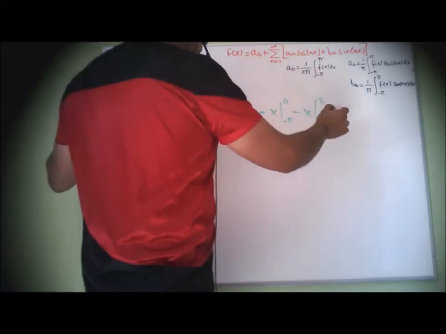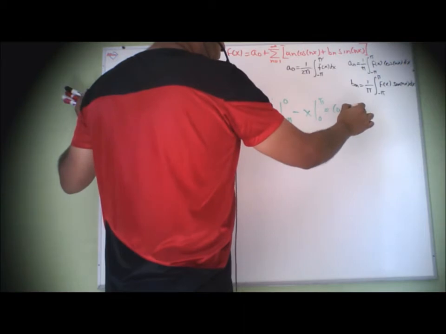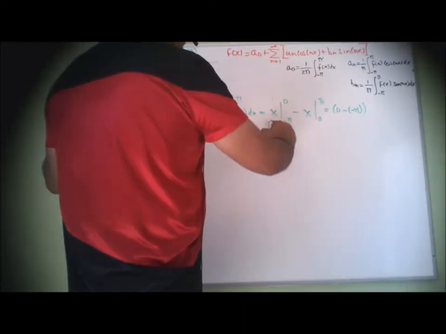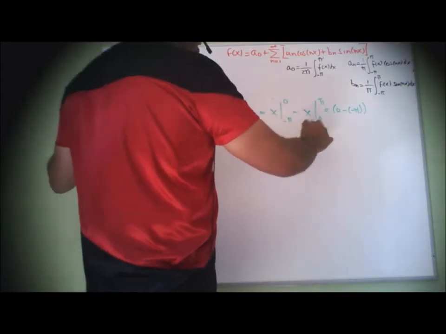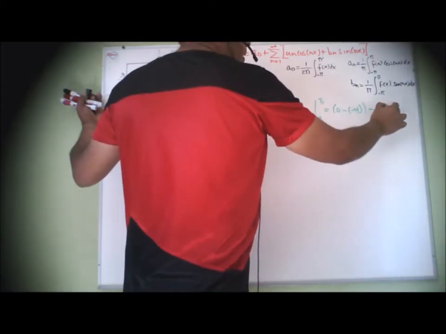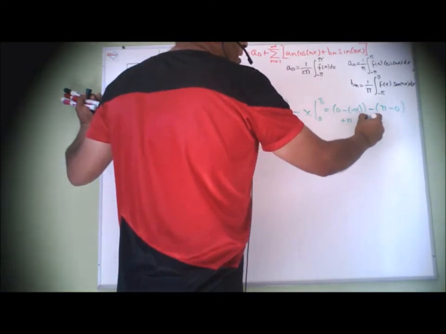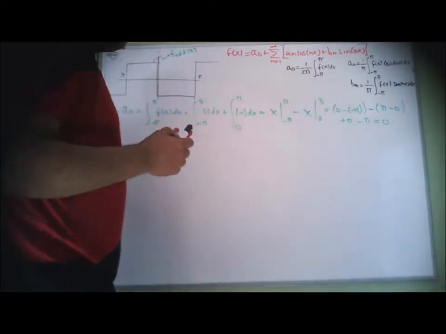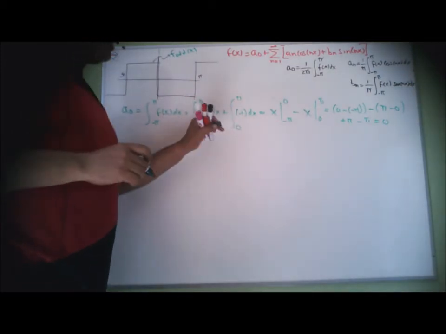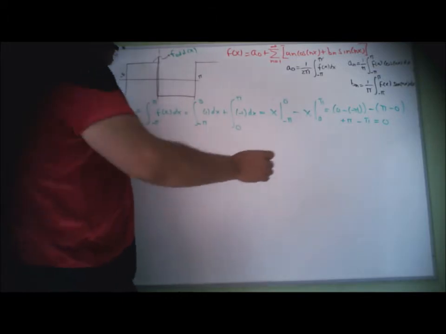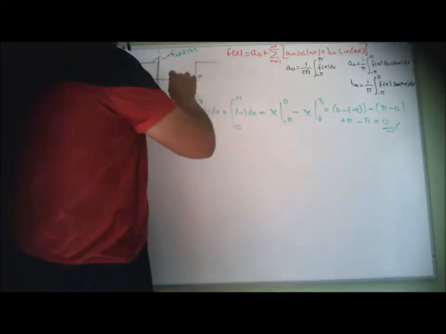Then it's going to be 0 minus minus pi, and then minus pi minus 0. So this is going to be plus pi, and then minus pi, equal to 0. I did the calculation just to show you that it is actually equal to 0. We know it's going to be equal to 0 because it is an odd function.